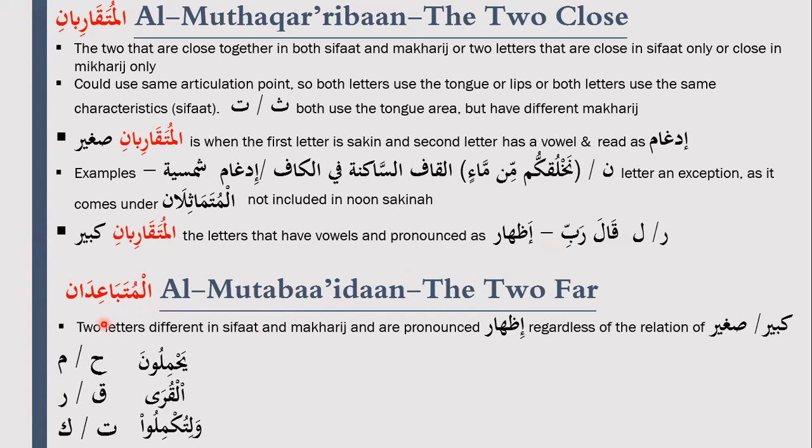Al-mutaba'idan. These are the letters that are far apart. The letters are different in their characteristics as well as the makharij. They are pronounced with idhar, meaning apparent, regardless of kabir, big, or saghir, small.